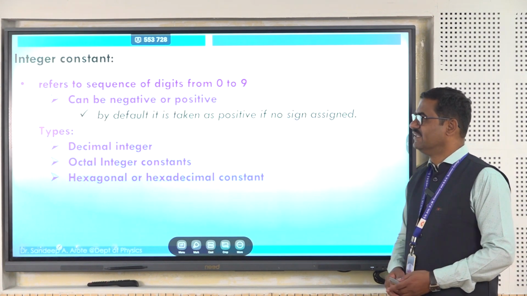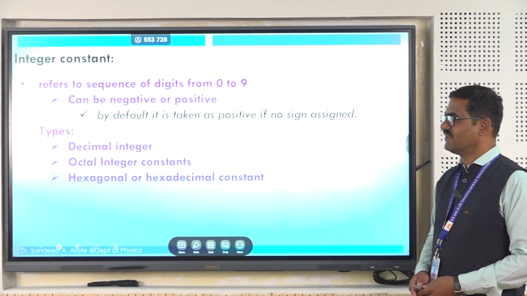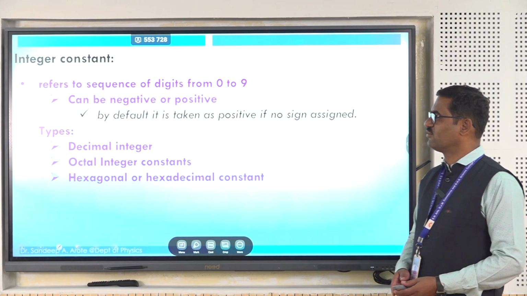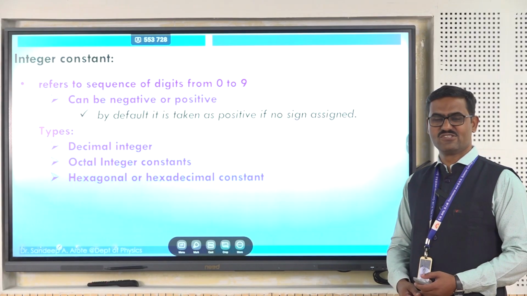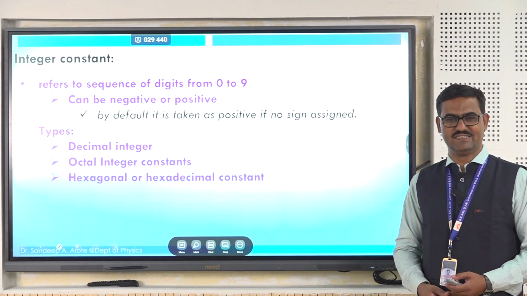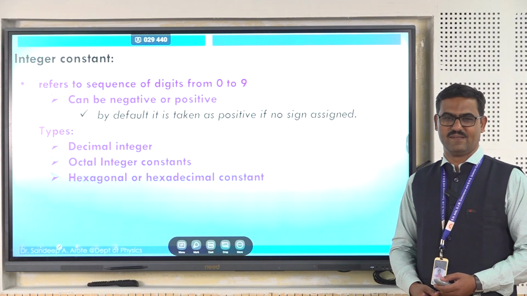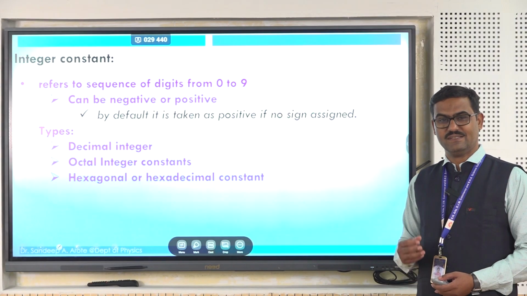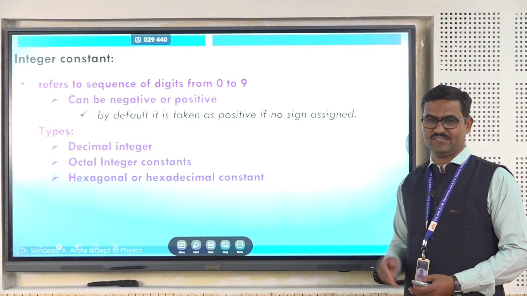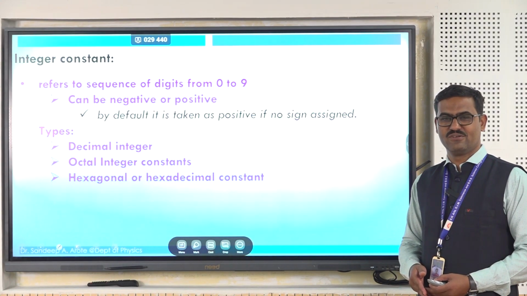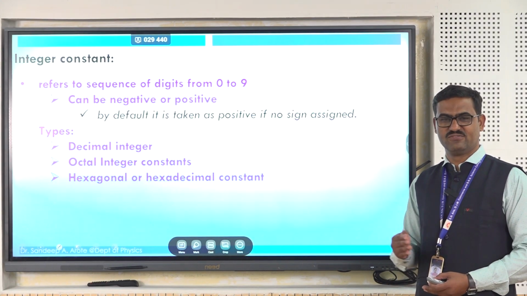First, we will go through numeric constant. In numeric constant, the first is integer constant. Integer constant refers to any sequence of digits from 0 to 9, but this is not the case for every integer constant. There are three subtypes of integer constant.